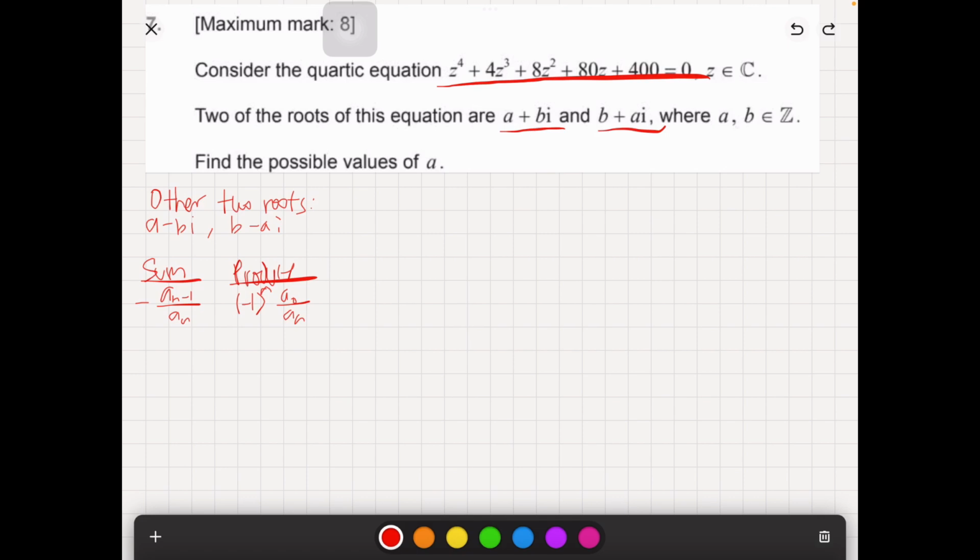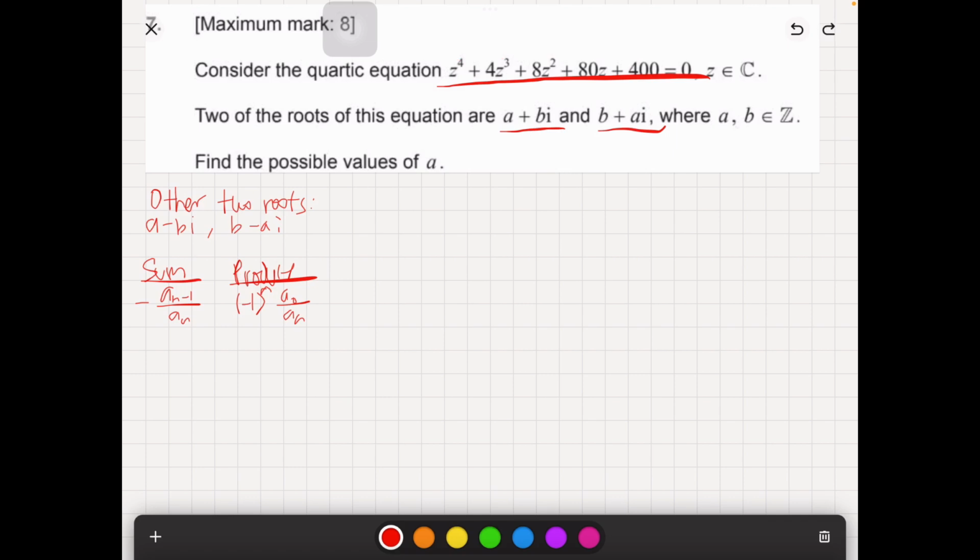And a0 in this situation is 400, since that is the constant term. If you count up, it makes sense that the constant term is a0, because this is a0, a1, a2, a3, and a4.